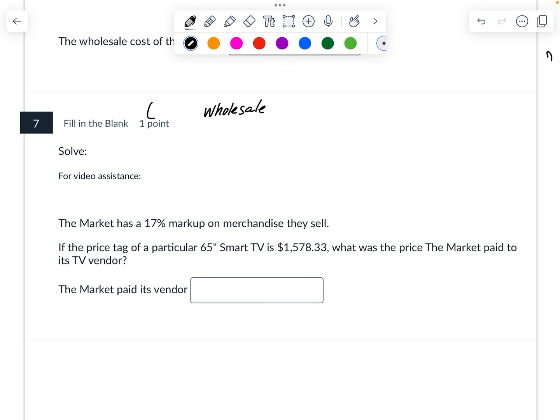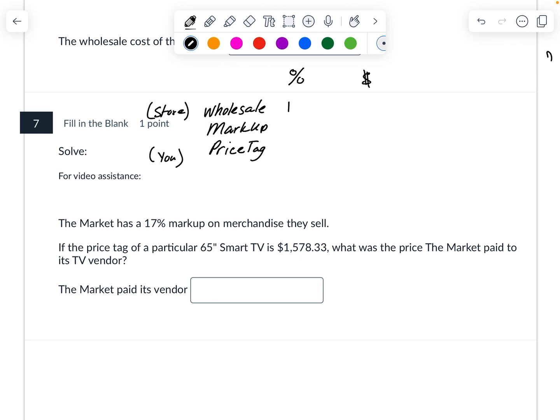So if we look at this one, again, I think about the wholesale price, that's the store. There's a markup, and then there's the price tag. Or I think about that as you, the consumer. There is a percentage that the store pays, and there is a dollar amount that the store pays.